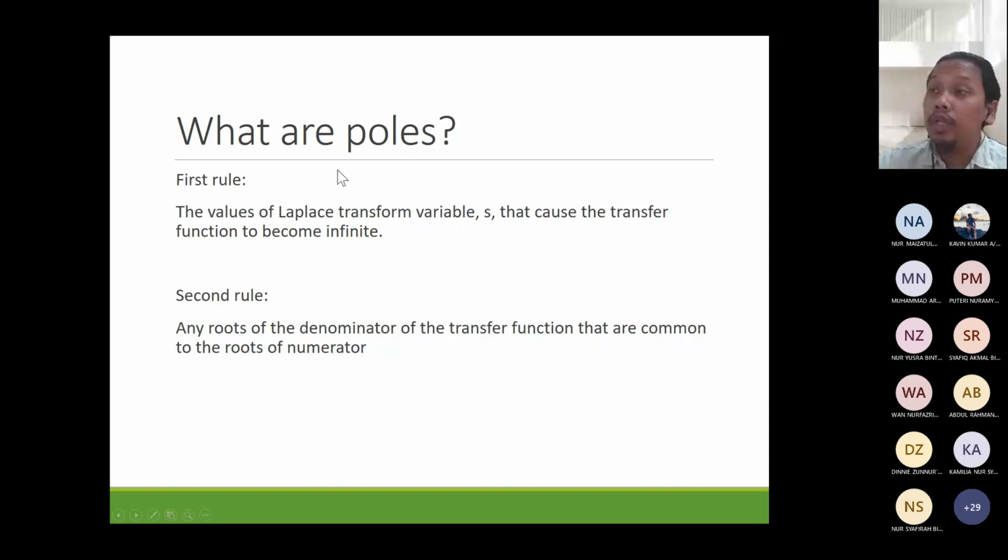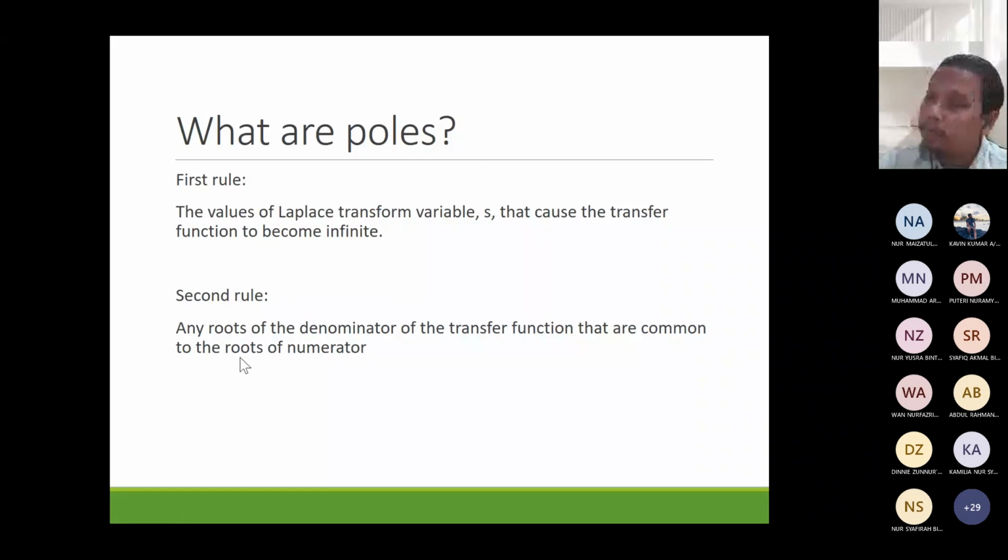So the poles are the value of s when the transfer function becomes infinity. Okay, so this is the first definition. And the second definition is any roots of the denominator of the transfer function that are common to the roots of the numerator. Okay, so let's look at an example.